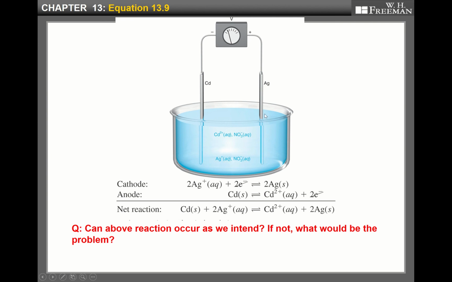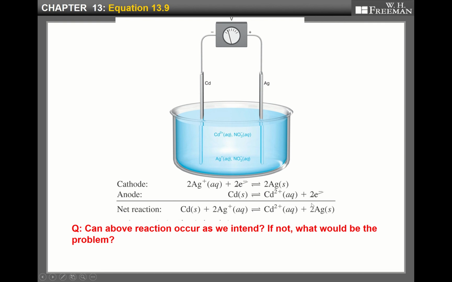This is the cathode, and this is the anode. The cathode reaction is the reduction: silver ion now accepts electrons to become silver metal, and at the anode, cadmium metal dissolves to cadmium ion, releasing electrons. The total reaction is that cadmium metal plus silver ion gives cadmium ion plus silver metal.